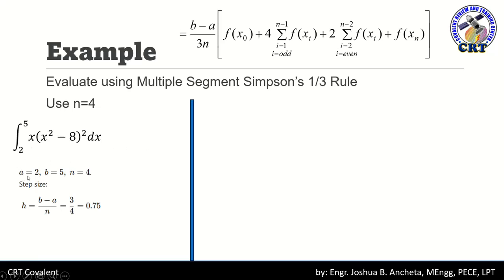Identifying, a equals 2, b equals 5, n equals 4. Solving for the step size, h equals (b minus a) over n, and that is equivalent to 3 over 4 or 0.75.